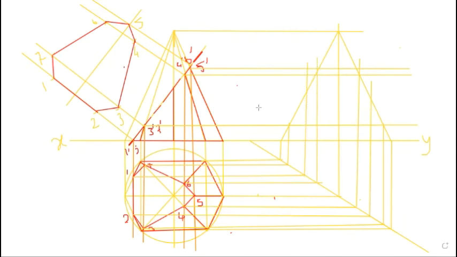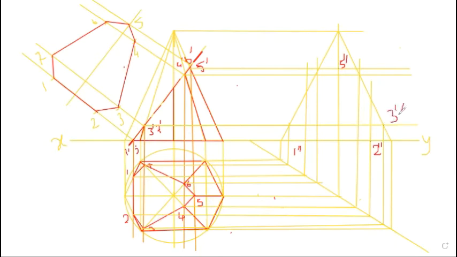Okay. Now if you mark the point and if we draw, so this point will be the 5 point, 5 double dash. If we firstly mark the point, so this will be the 5 double dash. Then 1 will be this point, is the 1 double dash, and 2 will be this point, 3 will be this point.